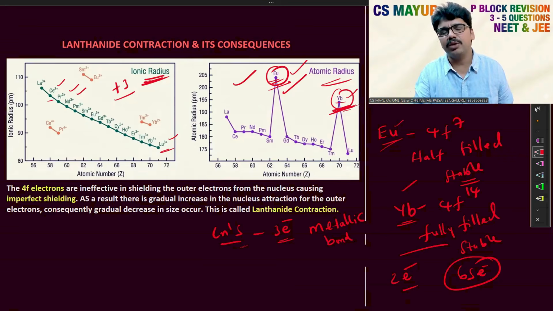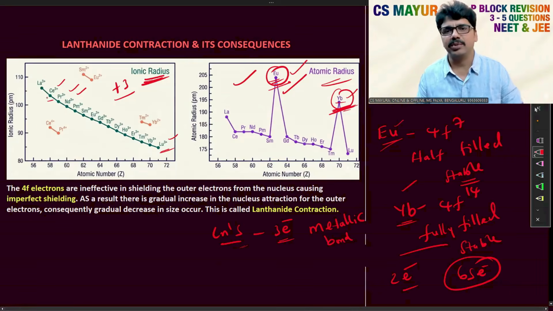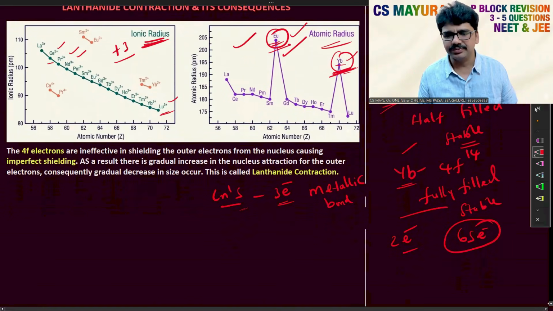That is because of their fully filled and half-filled configurations, which is connected to the metallic bonding. The largest atomic radius element in the lanthanides is europium. The next is ytterbium. The largest ionic size element in the lanthanides is what? Ce3+. Right.